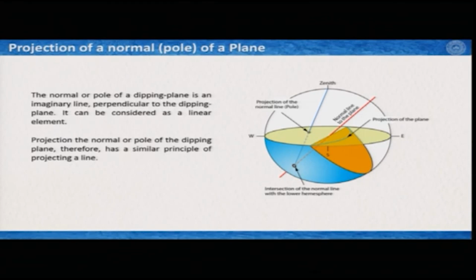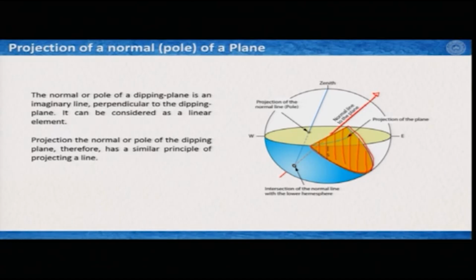So projecting the normal, or the pole, of the dipping plane therefore has a similar principle to projecting a line. What we see here in this diagram, you may remember, is the plane we were concerned with, and then we have to draw a normal on this plane. So this red line here is the normal to the plane.